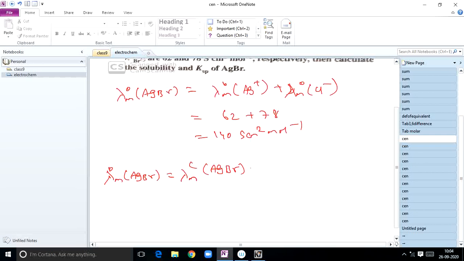So that is equal to the formula kappa into 1000 by solubility. Kappa into 1000 by solubility. So from this, substitute 140 is equal to the kappa value, how much? 8.5 into 10 power minus 7 into 10 cube by S value. So solve this one.